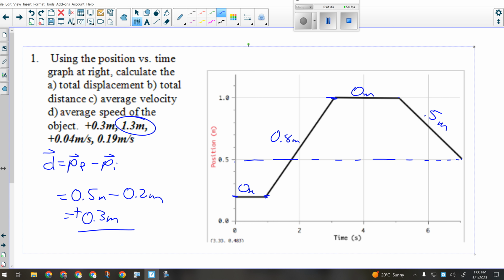For part C, average velocity over the whole trip. Average velocity equals total displacement divided by total time. That could also mean final position minus initial position over time. I already did that calculation, so I already know what it is, but we can punch it in again. We have 0.5 minus 0.2 divided by 7 seconds.